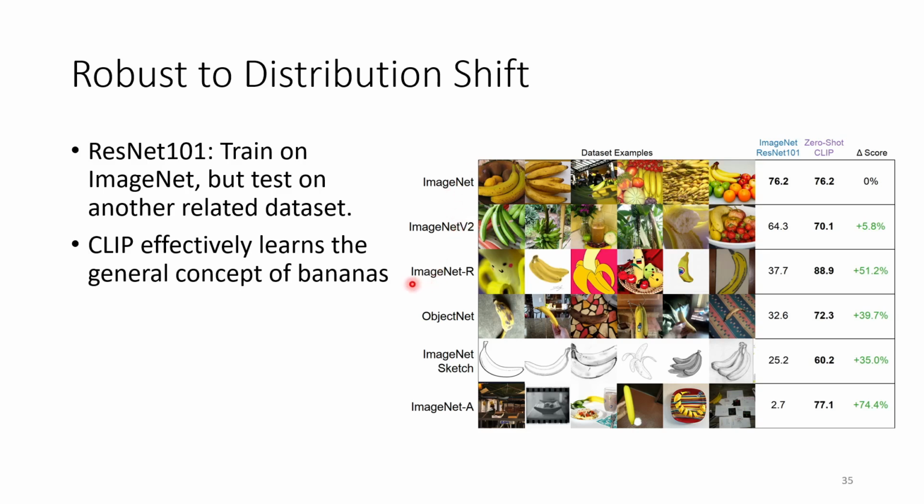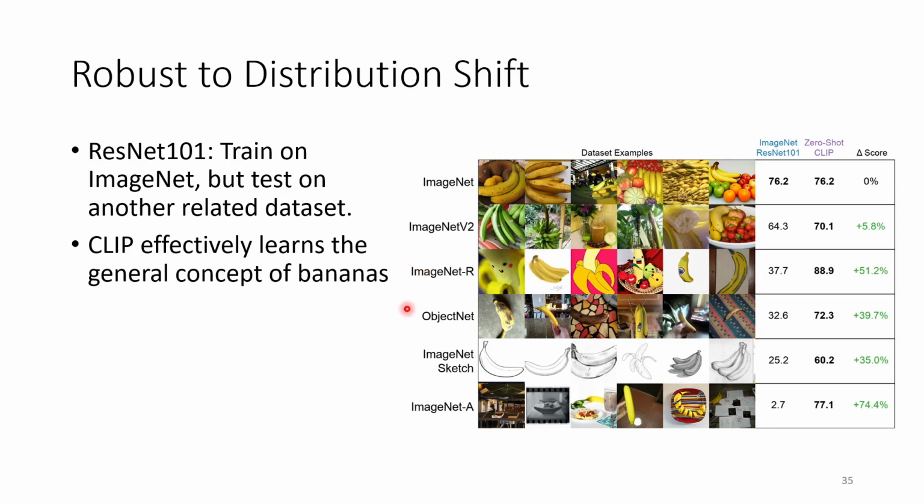If you take a look at ImageNet R, what's the difference from ImageNet? ImageNet has real-world images, but in ImageNet R, first you can see this is a banana toy, and this is a banana, but its background becomes totally white. Okay, and this is a drawing of a banana.